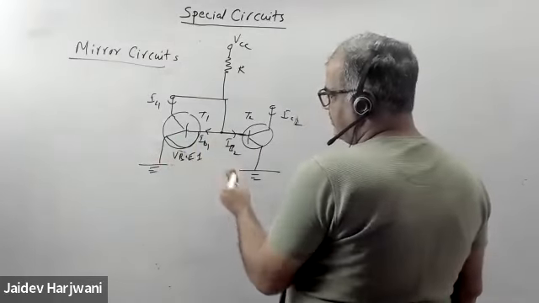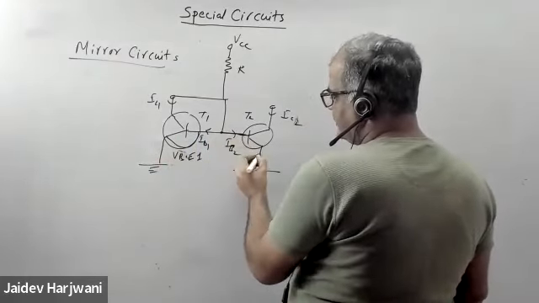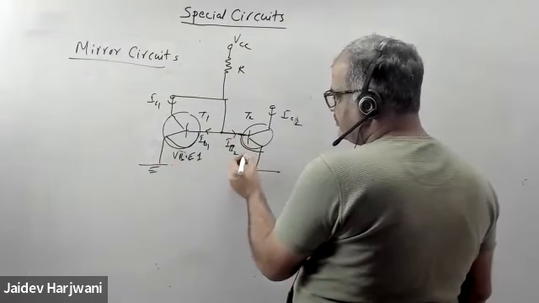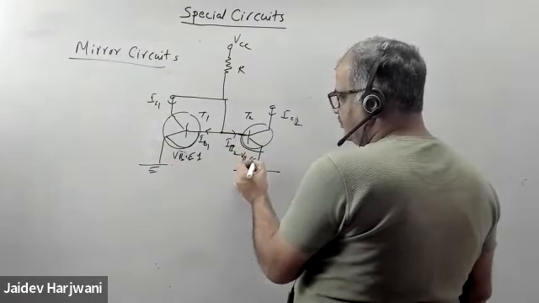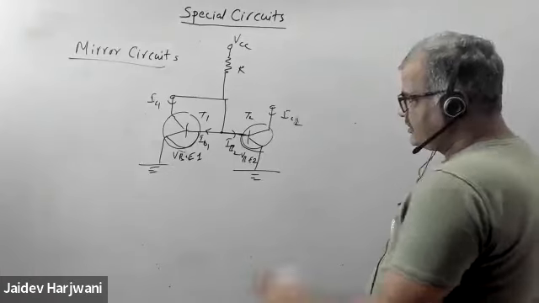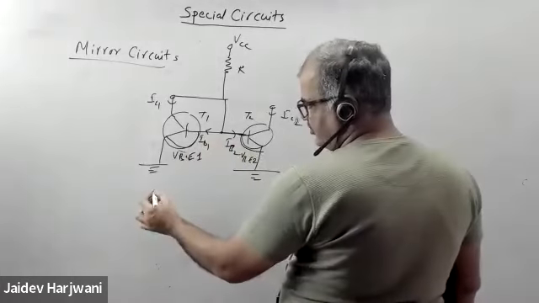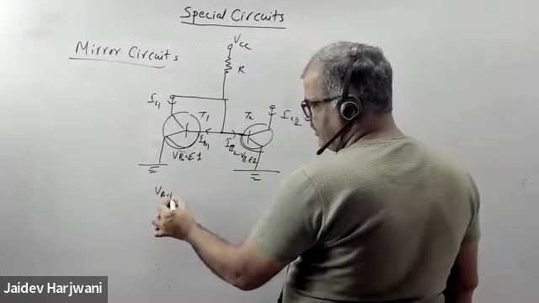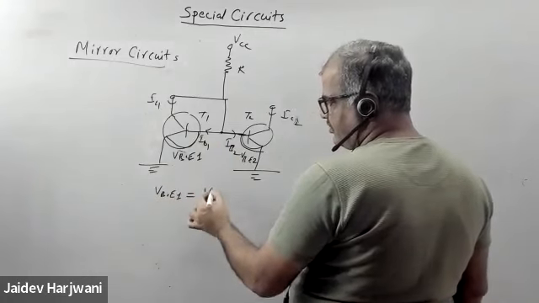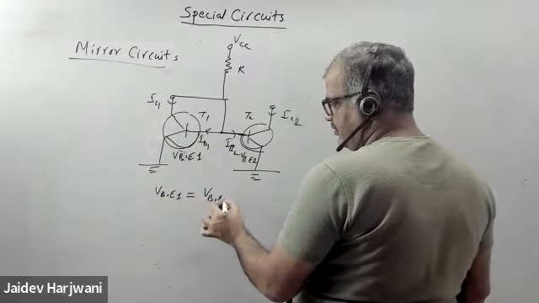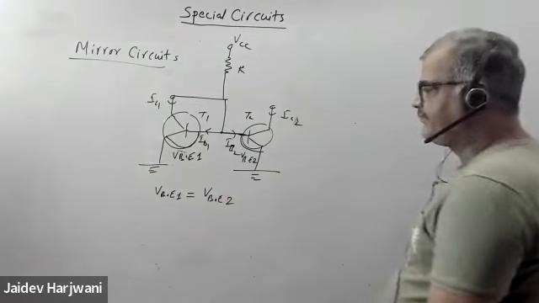See, this is VBE1. This is the base, this is the emitter. See, this is VBE2. Okay. So because both the transistors are same, their voltage drop will be almost the same. Okay.